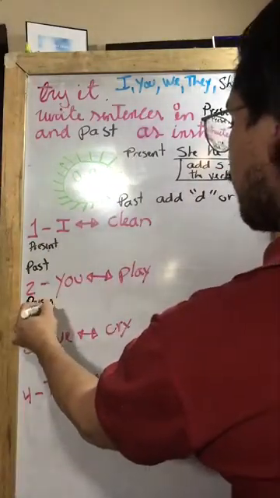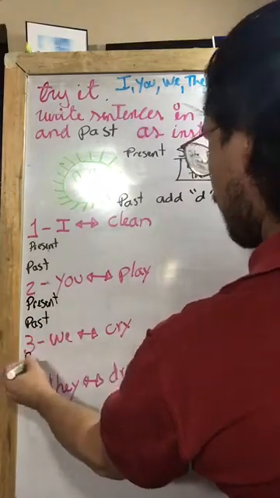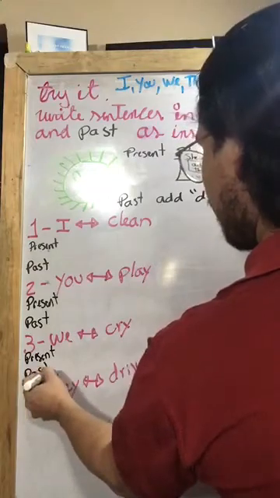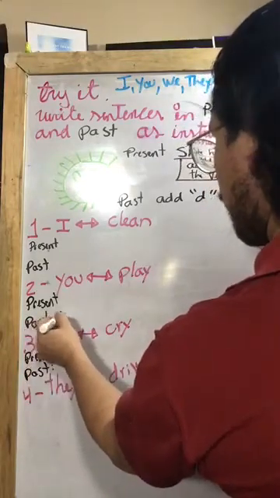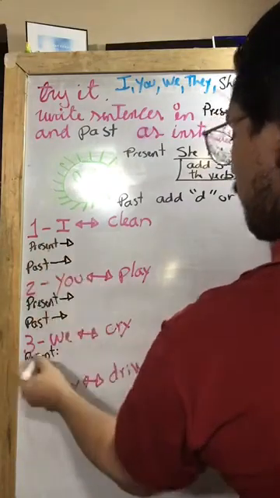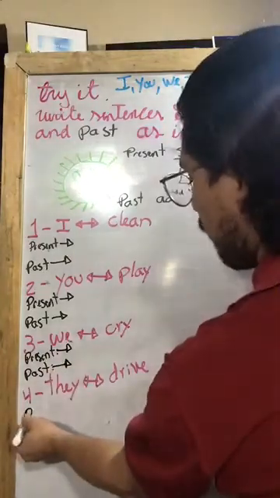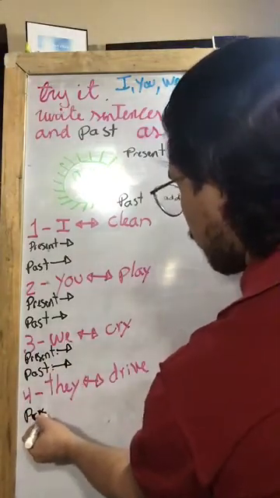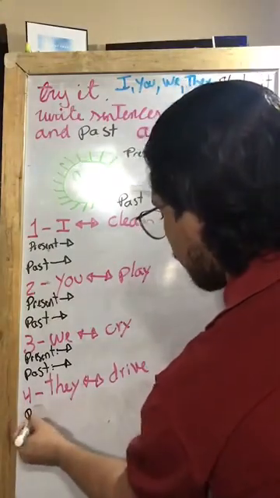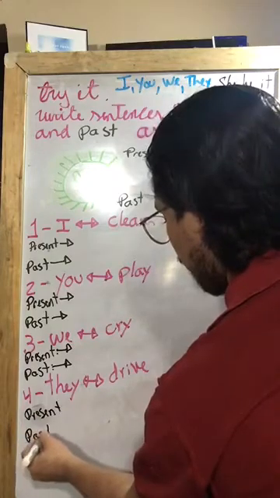Present, past, present, past. Or you can make an arrow. Remember that all your sentences should have a complement, something that accompanies them, so it's not too simple a sentence. Present, past.